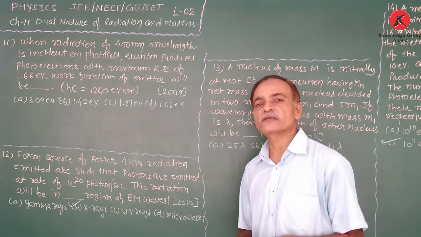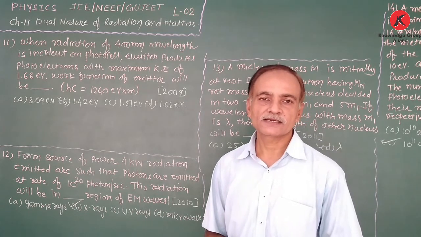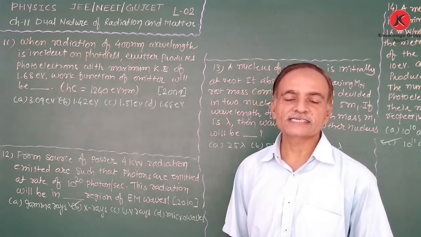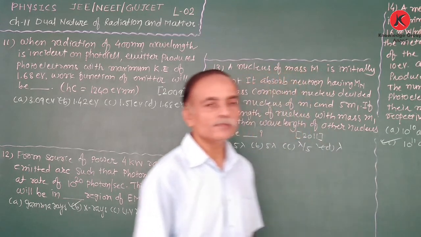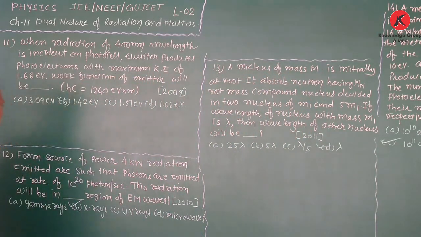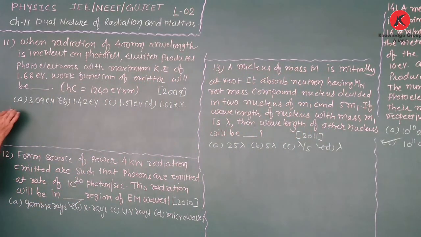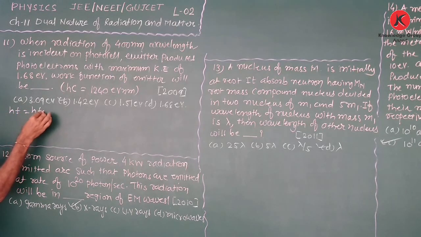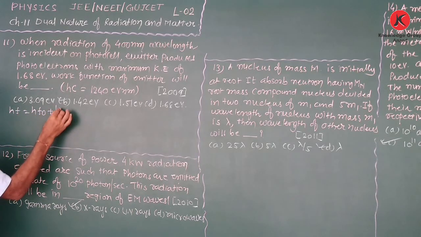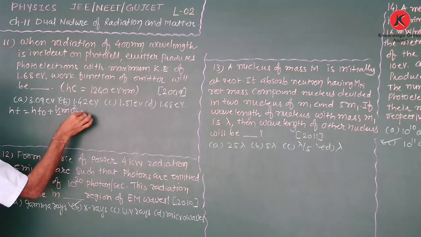For that purpose, we are using Einstein's equation. hf is equal to hf0 plus half m v square maximum.